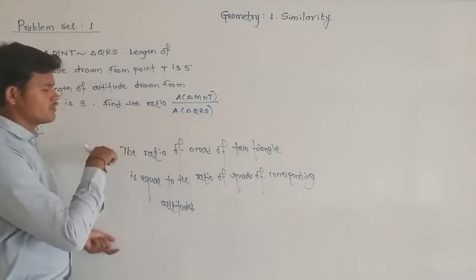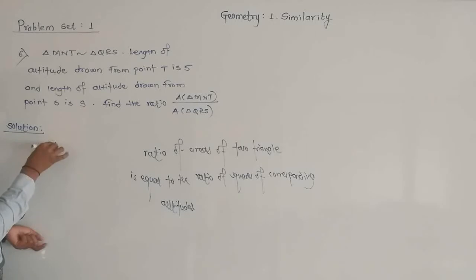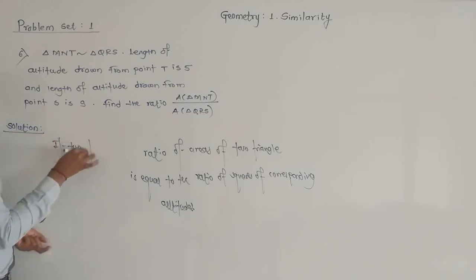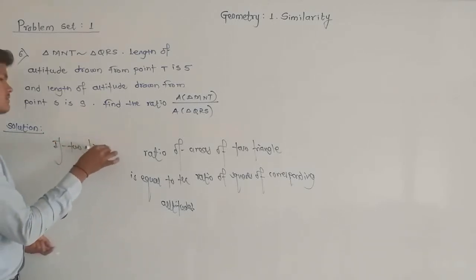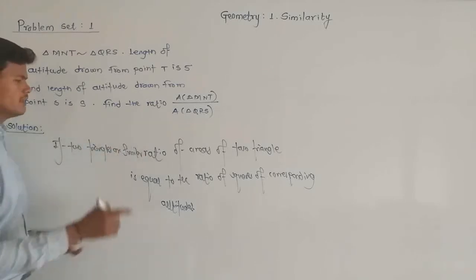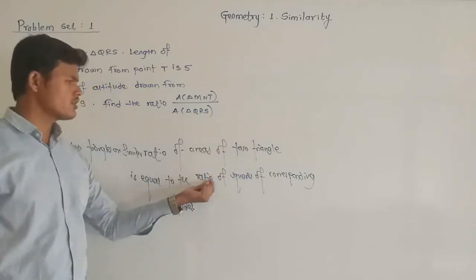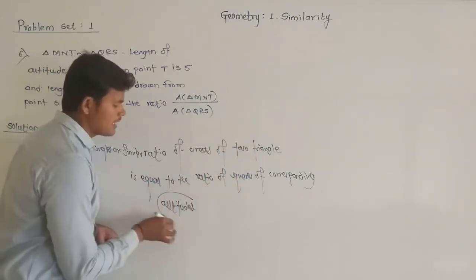But this is for similar triangles, and this is a very important condition. If two triangles are similar, then the ratio of areas of two triangles is equal to the ratio of the squares of corresponding altitudes.